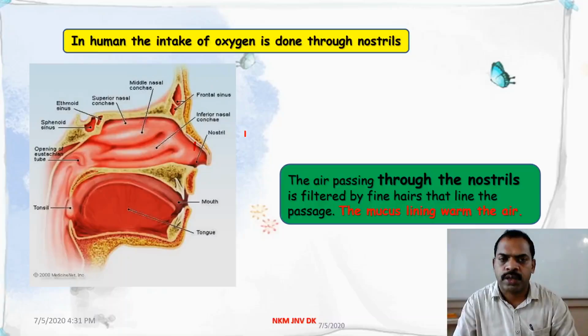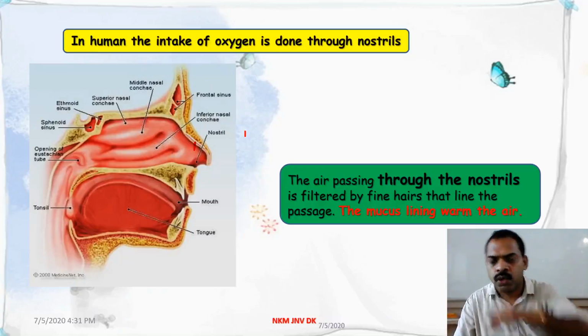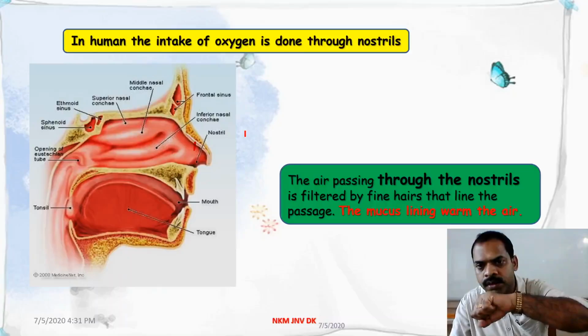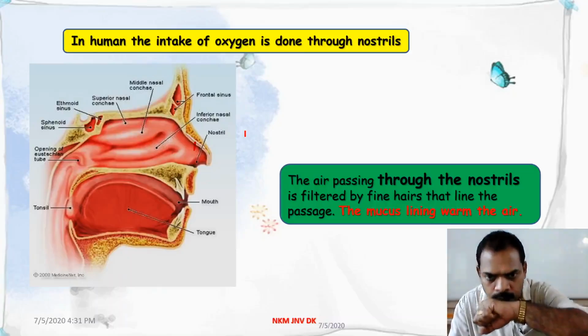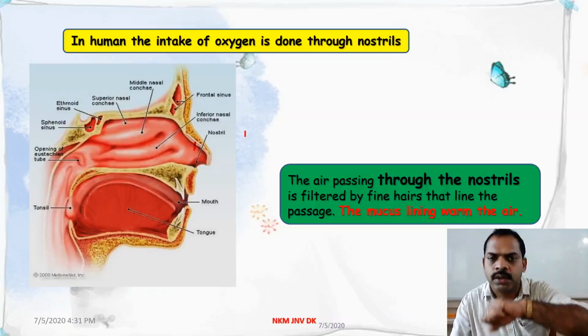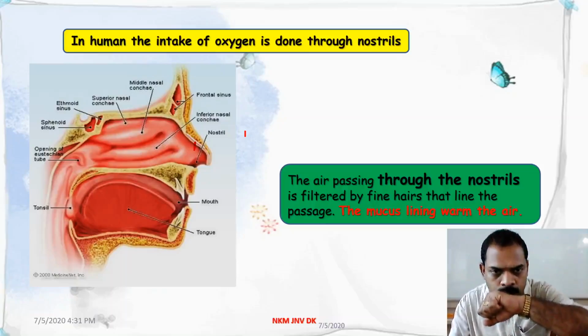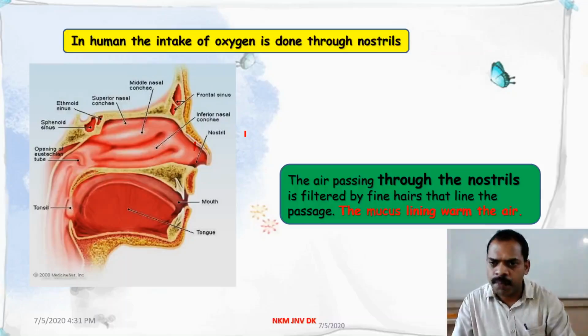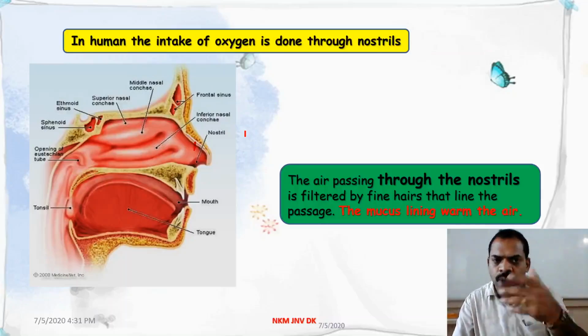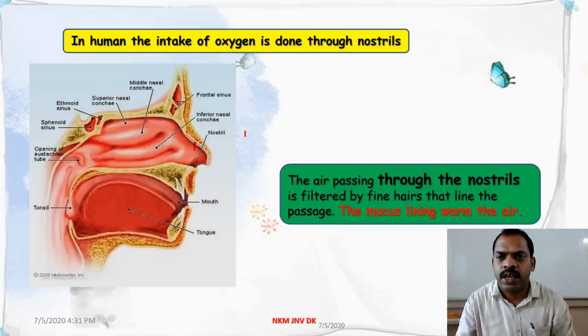How do we know that? Just hold your palm like this. Breathe out. Again. Is it warm? We have already learned that warm air has more kinetic energy, so it can diffuse better in the lungs.